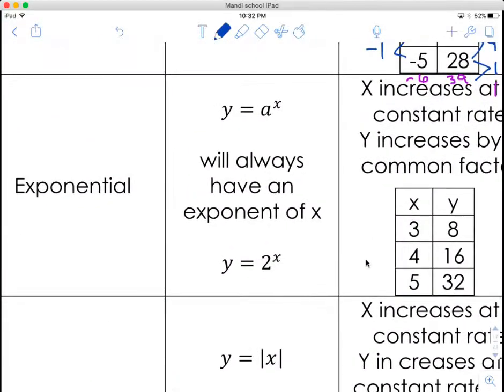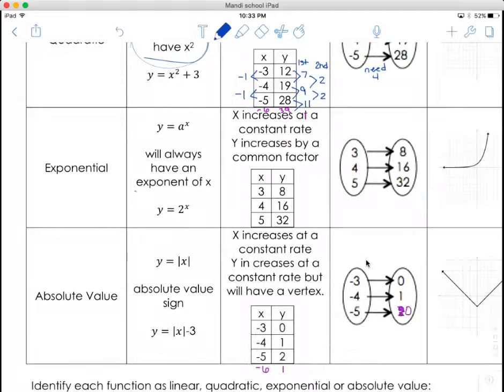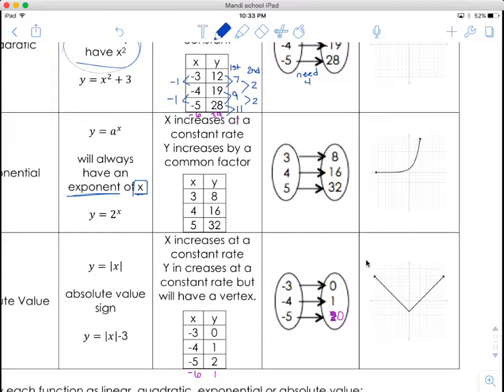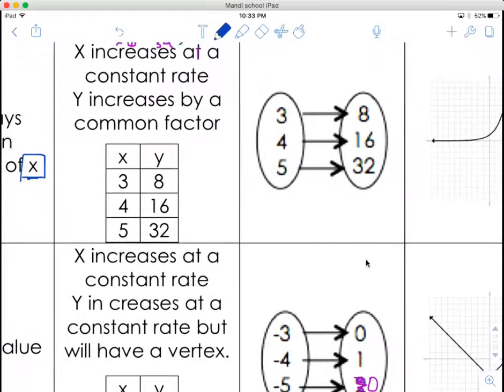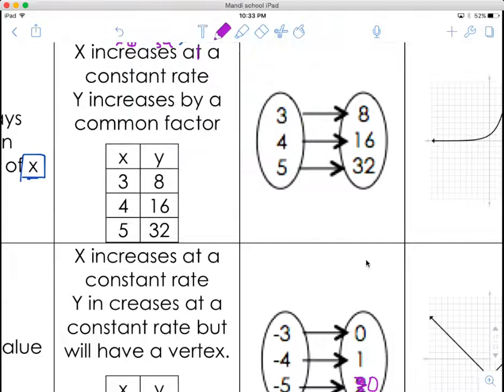Let's look at exponential. So we talked about this. Exponential has an x as an exponent. Exponential, x, exponent. We also know what the graph of this looks like. This is exponential growth. So let's look at this table. It says x needs to increase at a constant rate.